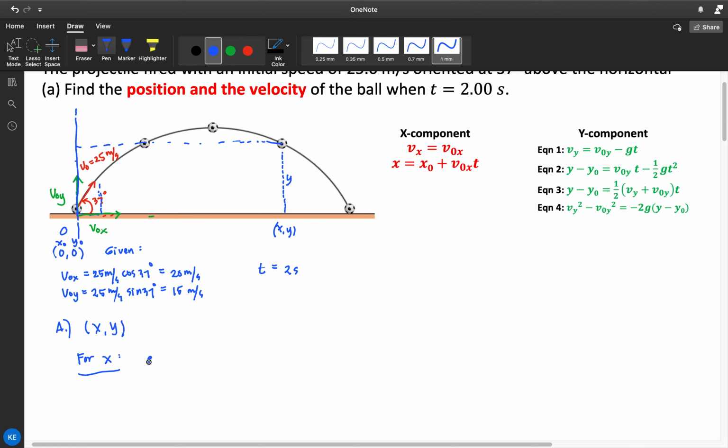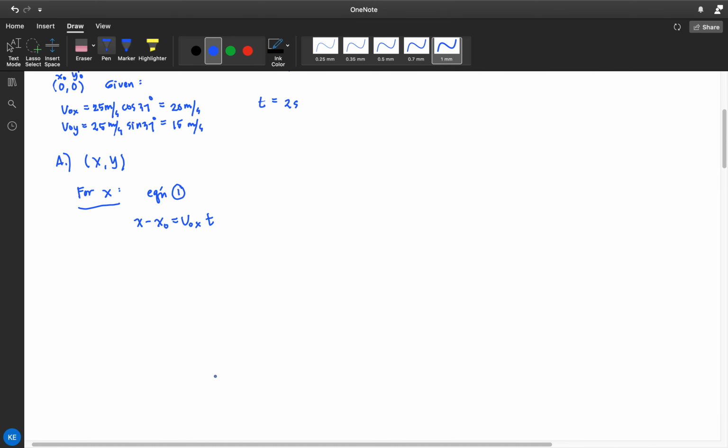Equation 1 for the x component: x minus x sub o is equal to V sub o x times time t. x sub o is simply equal to 0. So x is equal to V sub o x times time.